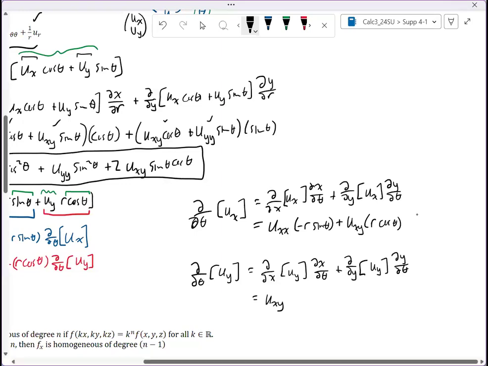This gives me uxy. Partial of x with respect to theta is negative r sine theta, plus uyy. Partial of y with respect to theta is r cos theta.